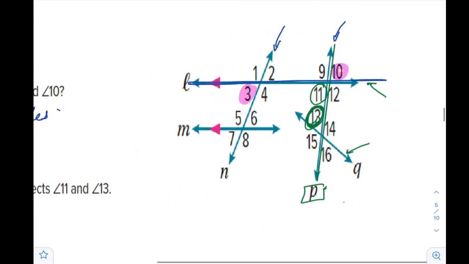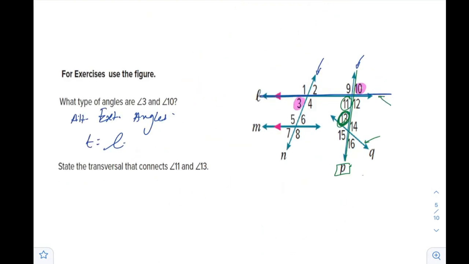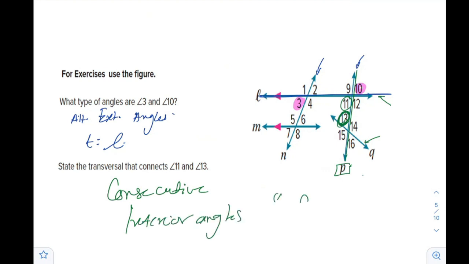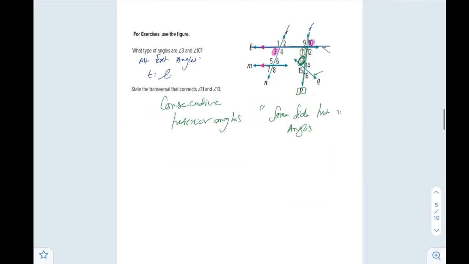So we call them same side interior or consecutive interior angles. Or, another way, same side interior angles: interior angles on one side of the transversal.